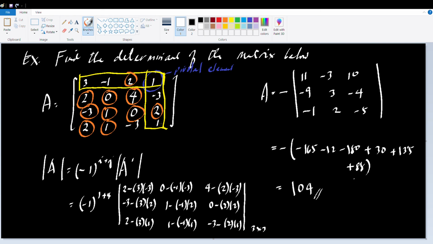As you can see, in this method, the matrix, originally 4 by 4, is reduced to just one 3 by 3. Compare this to the cofactor expansion method or the Laplace expansion method, wherein a matrix is reduced by one row and one column, but it produces several submatrices.